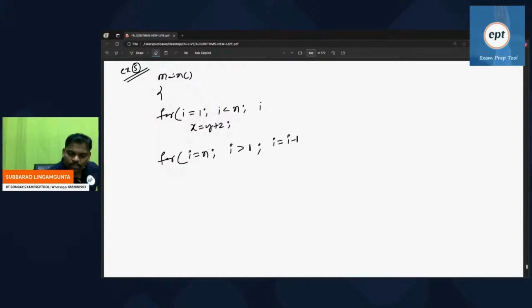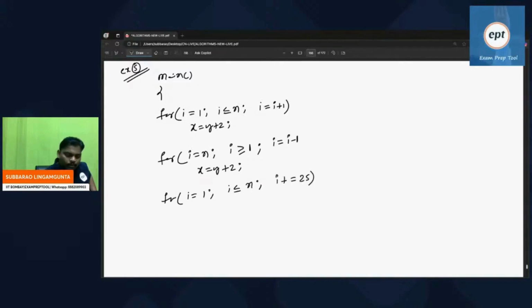X is equal to y plus z. If you want, you can keep equal also, no problem. Don't think much, plus 1 or minus 1 cannot change the answer. Next one, for i equal to 1, i less than or equal to n, i plus equal to 25: x equal to y plus z.